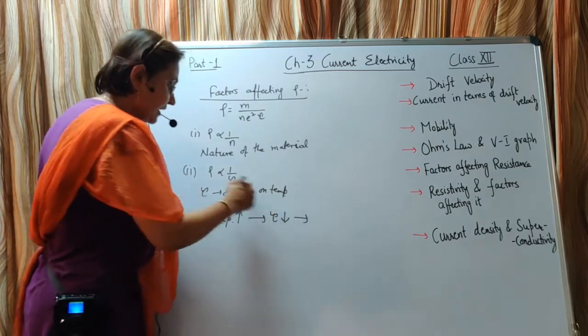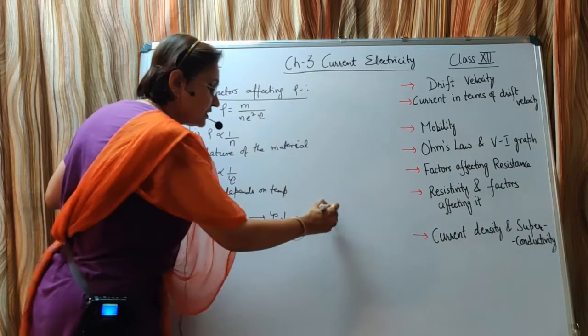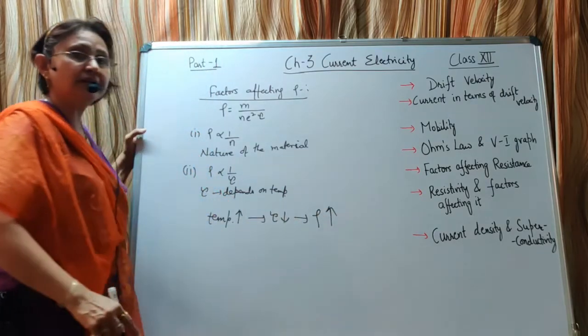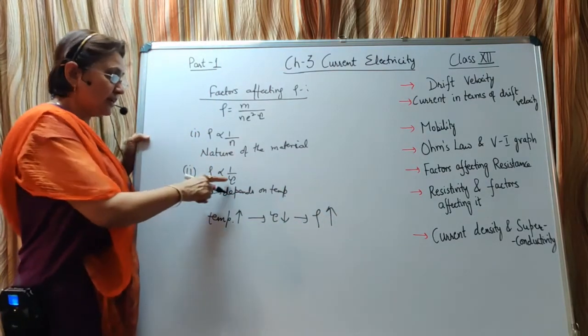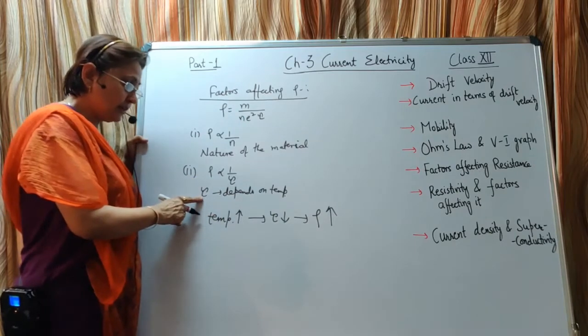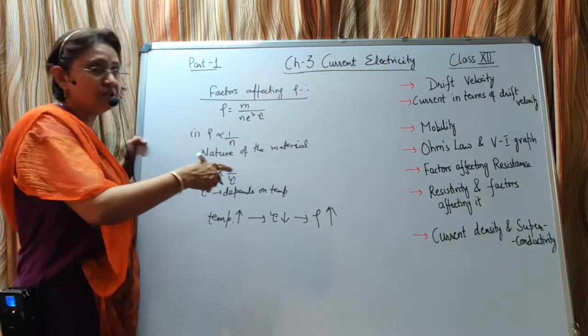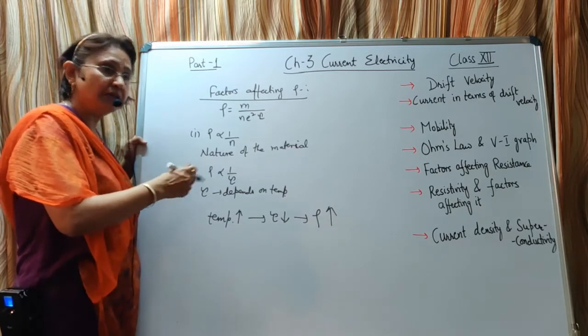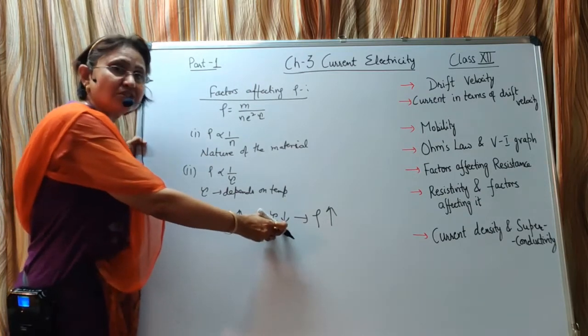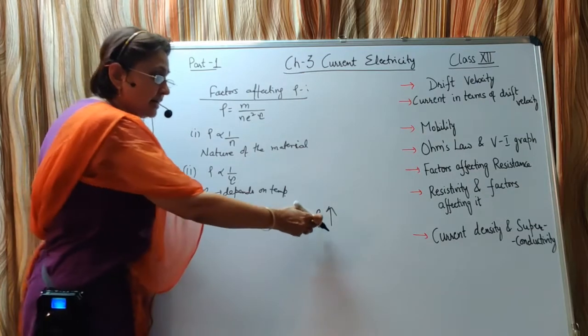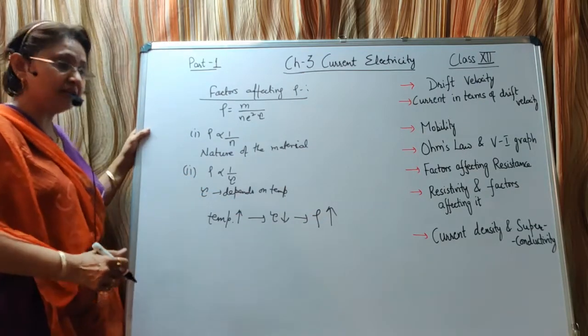As the relaxation time decreases, it means the resistivity of the conductor increases. So the relaxation time depends upon the temperature. With the rise in temperature, collisions will be more frequent, that is the time interval between two successive collisions decreases, and so the resistivity of the conductor increases.